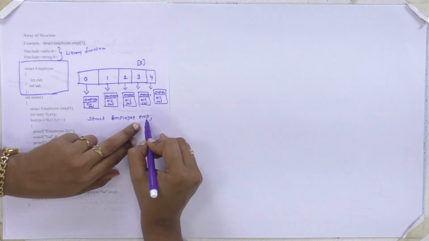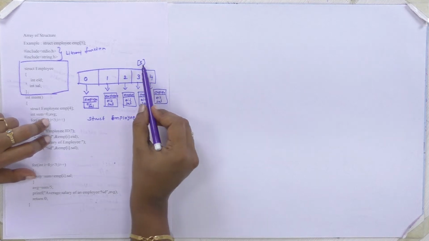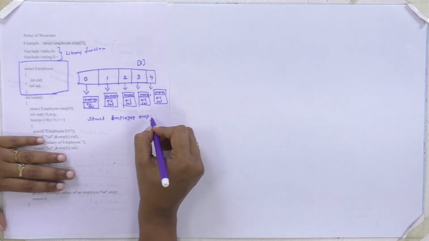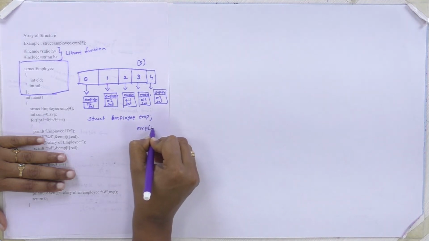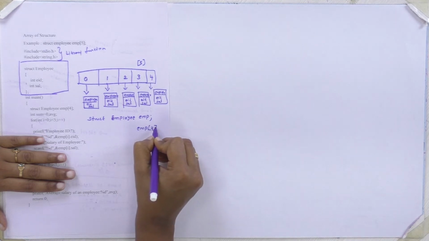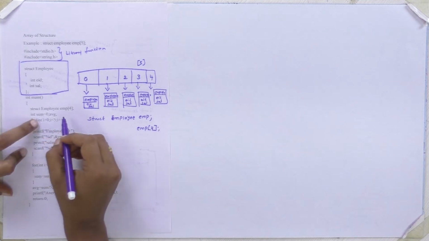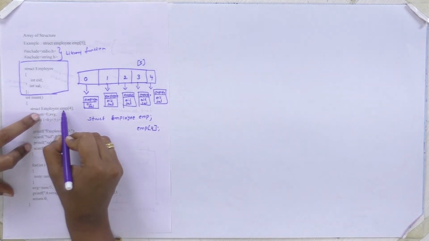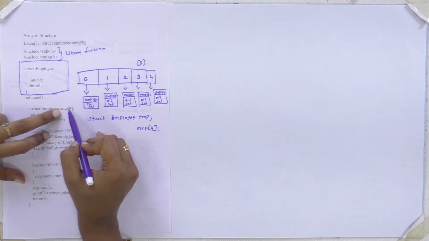I am going to declare this particular object to act as a structure array. Here I am going to store 5 values. When you declare the size, EMP of 4, the object has 4 object accesses. So structure employee EMP represents an array.